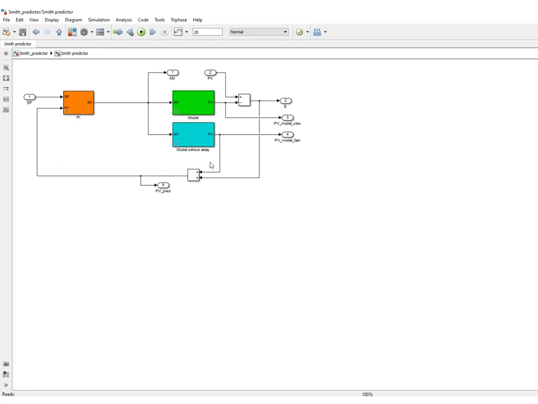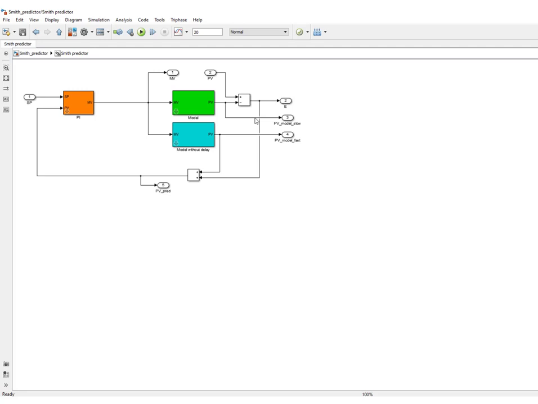And added on this fast PV, well, you have the model error, and the model error is PV minus what comes out of the overall model, and this is the model with delay, and what comes out here is the slow PV, right?